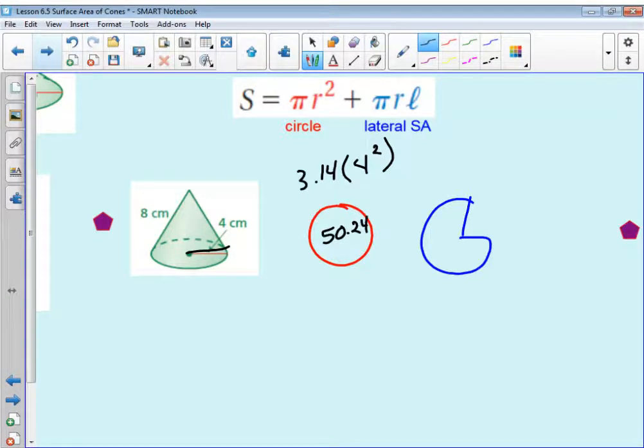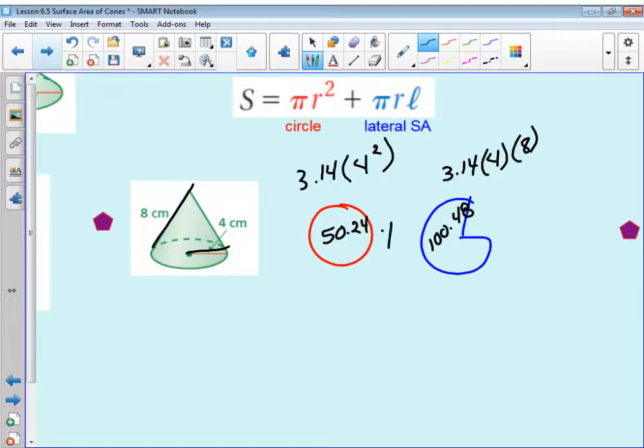Okay, and then for our lateral surface area, it's pi, 3.14, times the radius, which was 4, times our slant height, which is indicated right there of 8. And when I do that, I get 100.48.